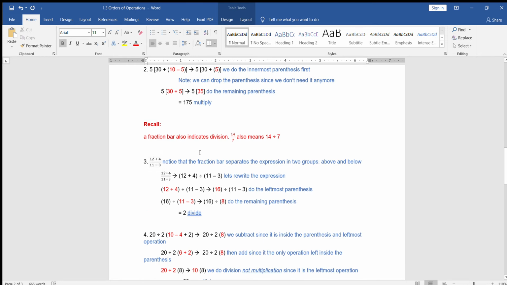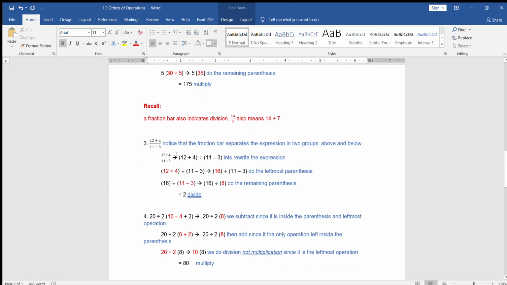As you can see, the fraction bar separates the expression into two groups, the one above it and the one below it. So we can rewrite this as division because it's kind of hard for us to do it one by one. So some people like to rewrite this fraction into the expression 12 plus 4 divided by 11 minus 3, and that's okay.